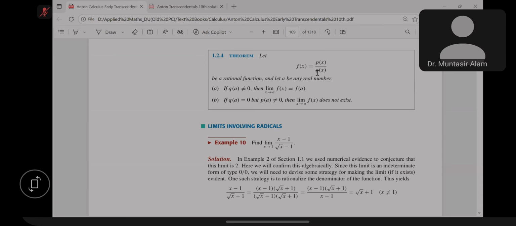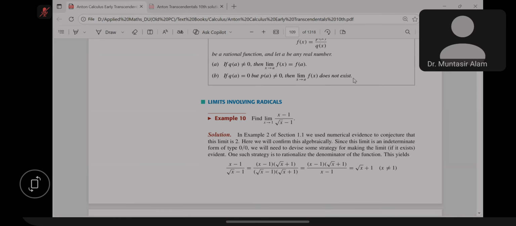So once you see q(x) becomes 0 if you substitute x by a, then directly you can write the function is not existing, or the limit is not existing for the function f at the point x equal to a, or indirectly you can say the limiting value of the function f does not exist as x approaches a.